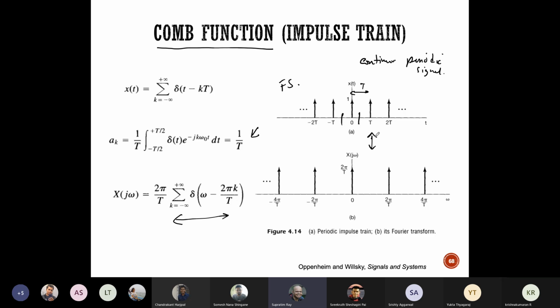Okay, and we'll see that when we try to sample a signal. So I've got a continuous signal and I want to look at certain samples of it. I can always think of it as a product with a comb function. The comb function is 0 everywhere, but it takes a positive value at the delta function. So a sampled signal is just the product of a continuous signal and a comb function.